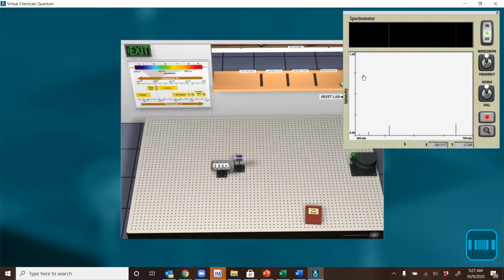Now, the cool thing is if you look down here at the spectrum, you can see the graphical readout of where that line shows up, and it shows up right underneath where it shows up here. So I can barely see this line at all, but I know it's there because the scale shows me it's there.